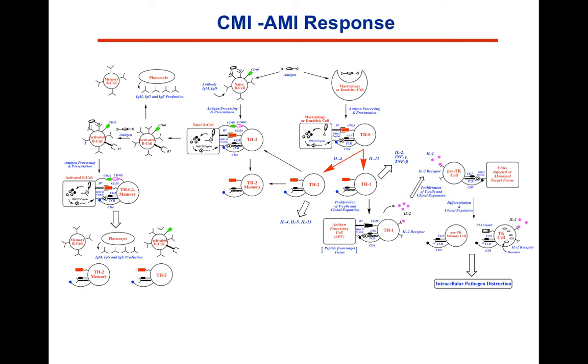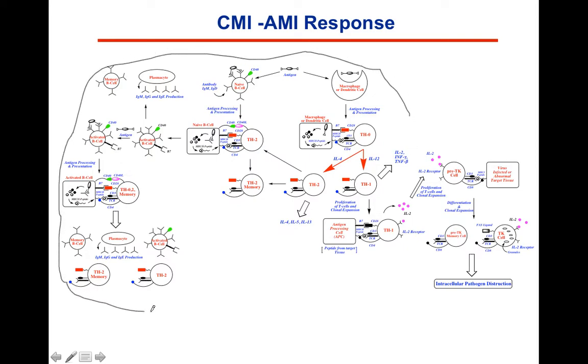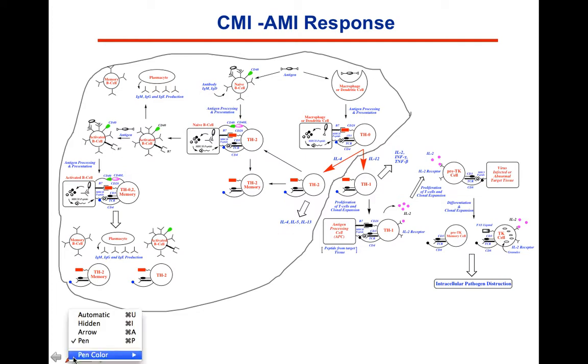So if we put this all together, I know this looks pretty frightening, but you've seen basically this before. This part here is all the part that's involved in antibody production.